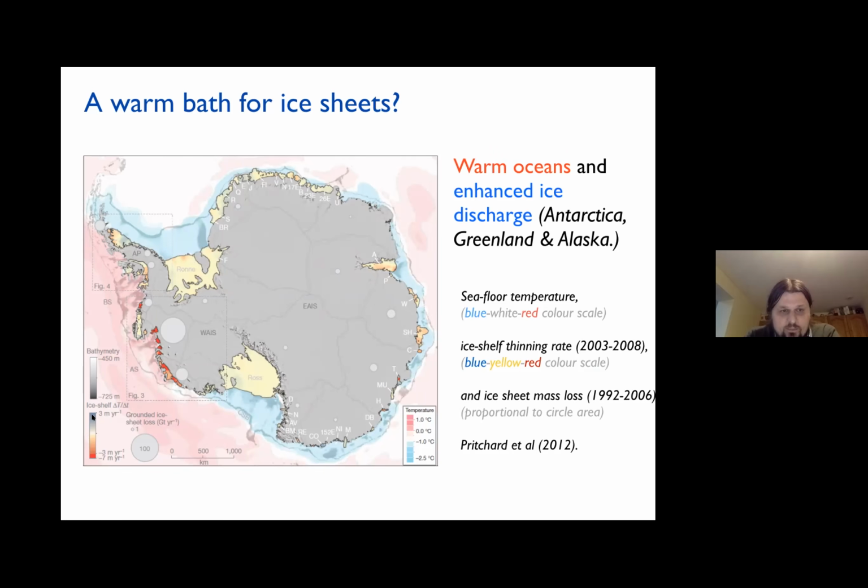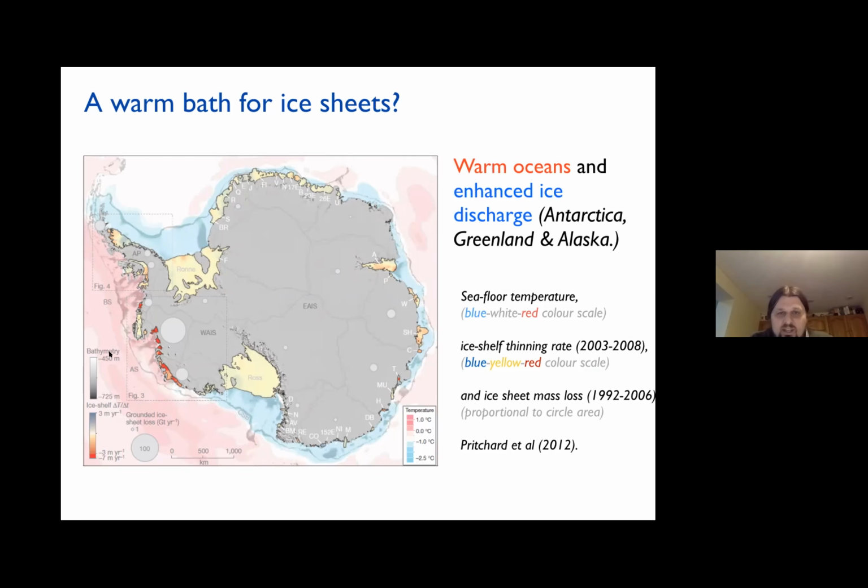So this blue, yellow, red color scale. And what you see is that the regions on the red part of the color bar, where you've got relatively fast thinning of the ice, tend to be concentrated in this West Antarctic region rather than the relatively slower thinning, or perhaps in some places even thickening, in some other parts of the continent.